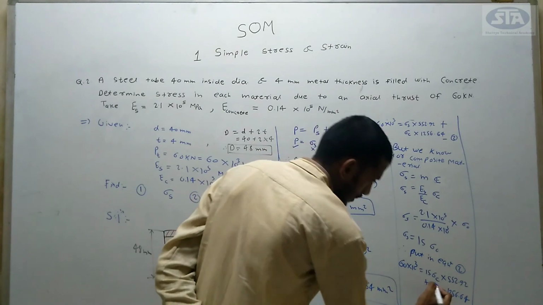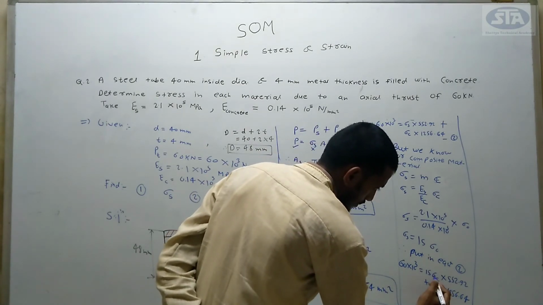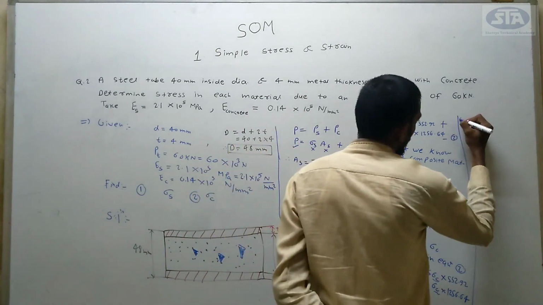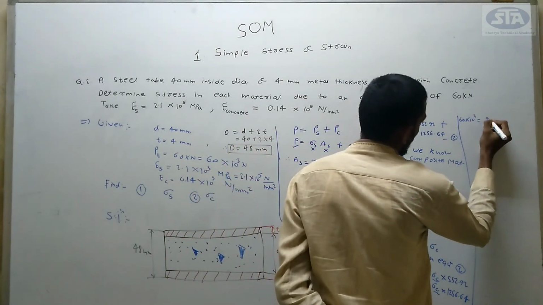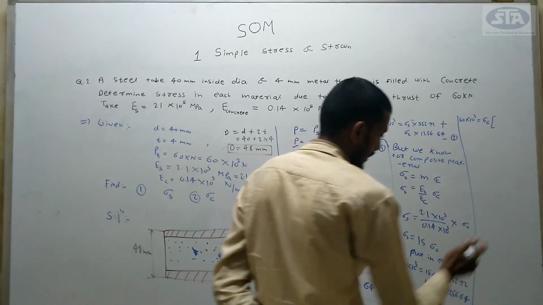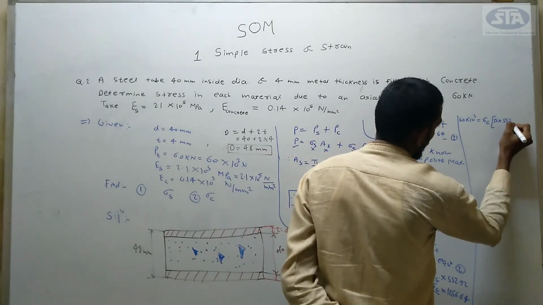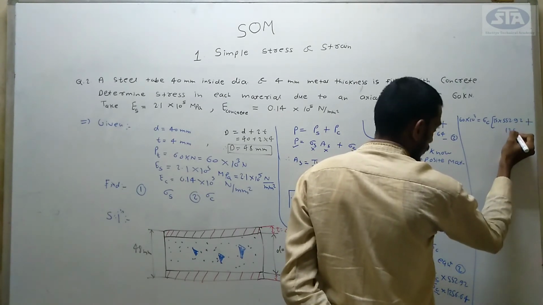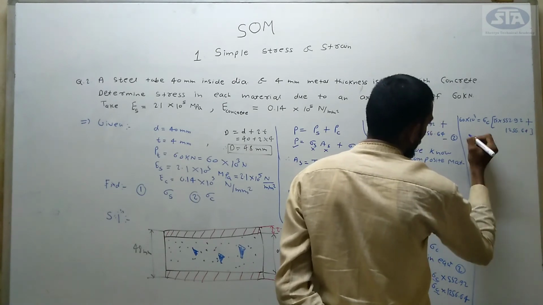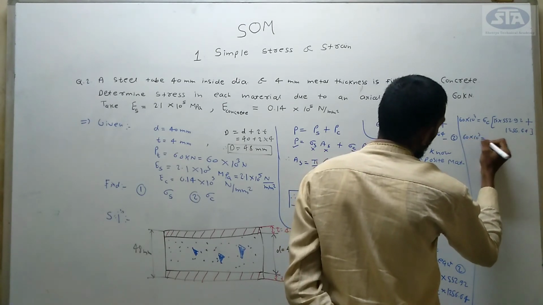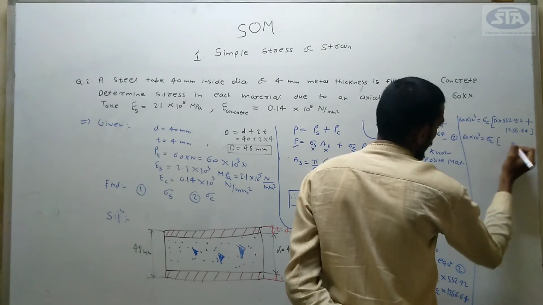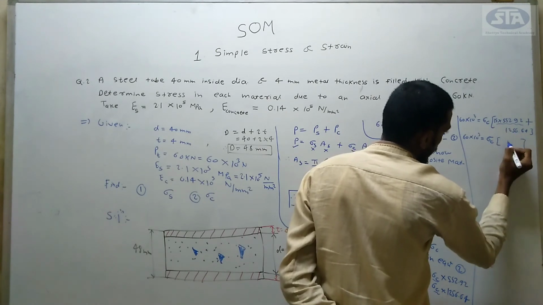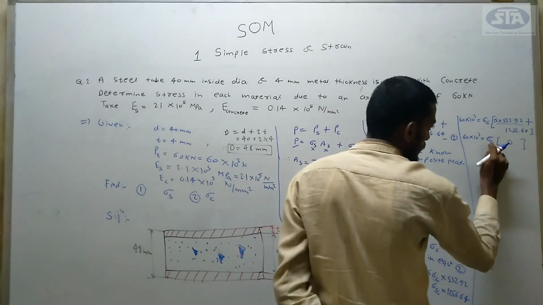Here both terms have sigma c, so we can take it common. Then 60 into 10 raised to 3 equals sigma c times the bracket of 15 into 552.92 plus 1256.64. First multiply these two terms, then add; you will get some answer, which is in multiplication with sigma c.